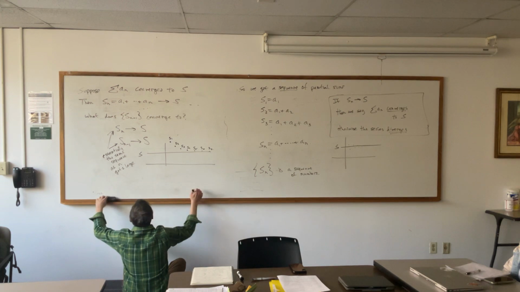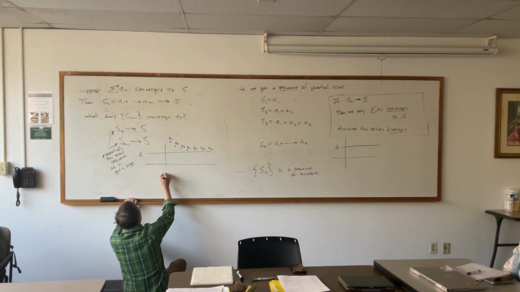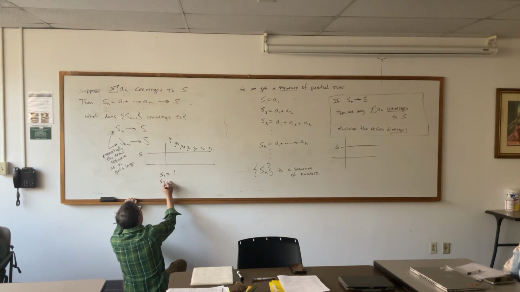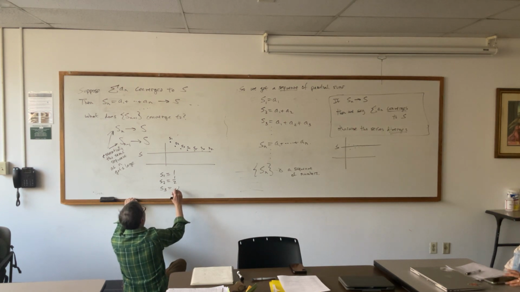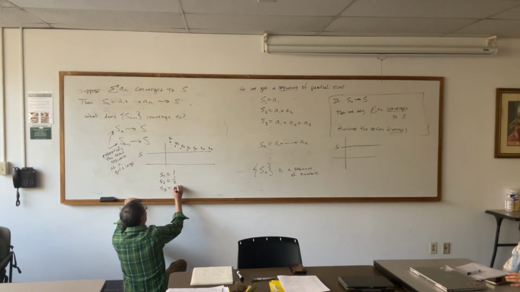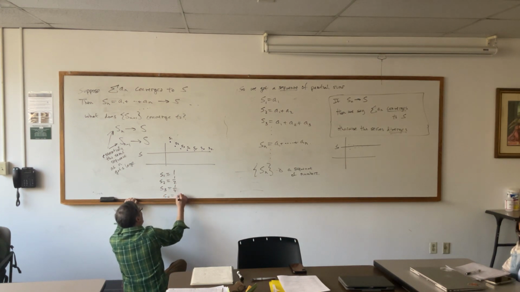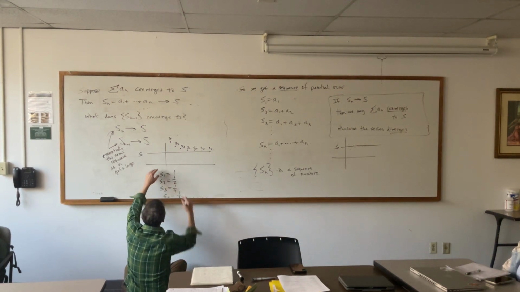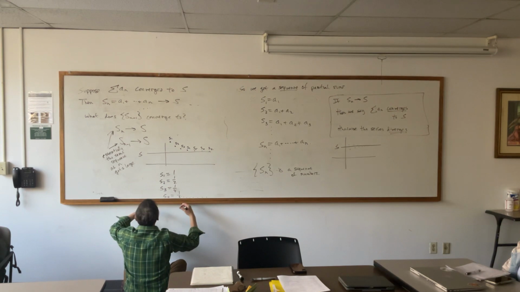So, let's say S sub 1 equals 1. S sub 2 equals a half. S sub 3 equals a quarter, and then S sub 4 equals an eighth. And that thing seems like it's headed down. So maybe this is the sequence S sub n.